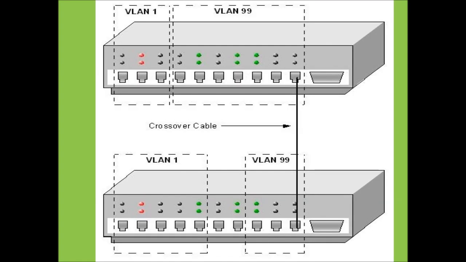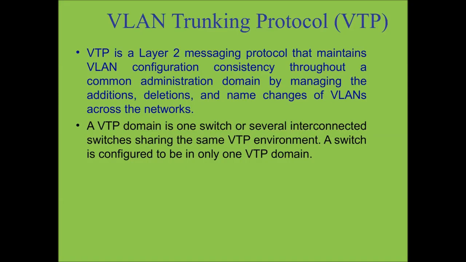Logical division for VLAN 1, logical division for VLAN 99, and in the same way on switch number 2 you can see the logical division of VLAN 1 as well as of VLAN 99. So any VLAN may use any port of a switch. This is the basic concept of VLAN configuration at different ports of configurable switches.